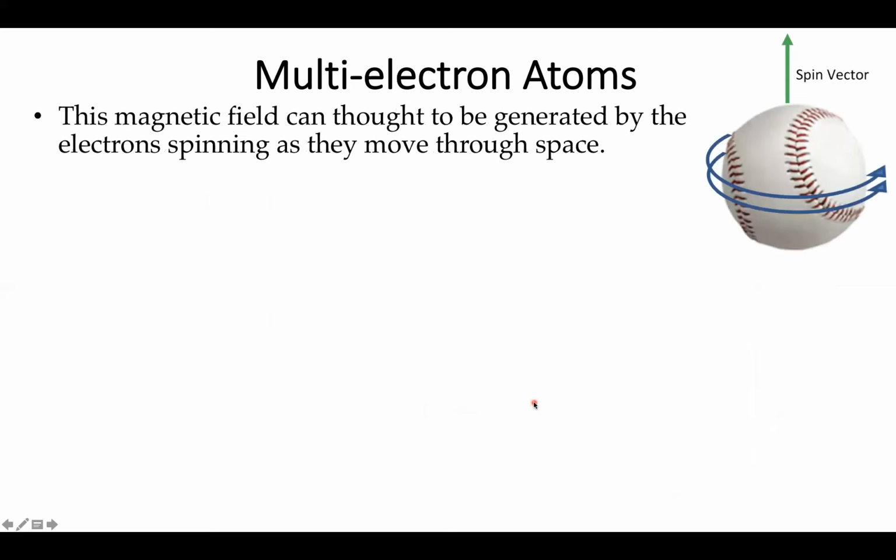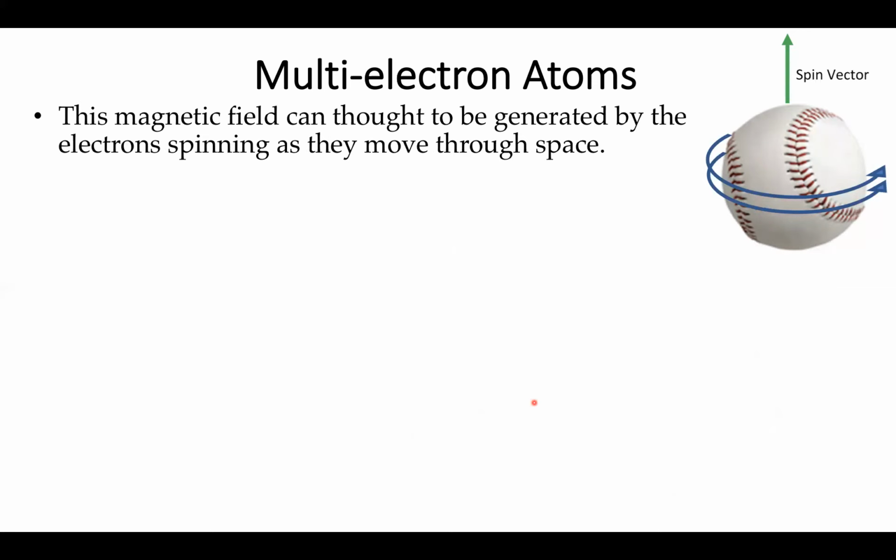It was observed that the reason why is that electrons are essentially a negatively charged particle that spins. And it turns out that a moving charged particle can generate a magnetic field.